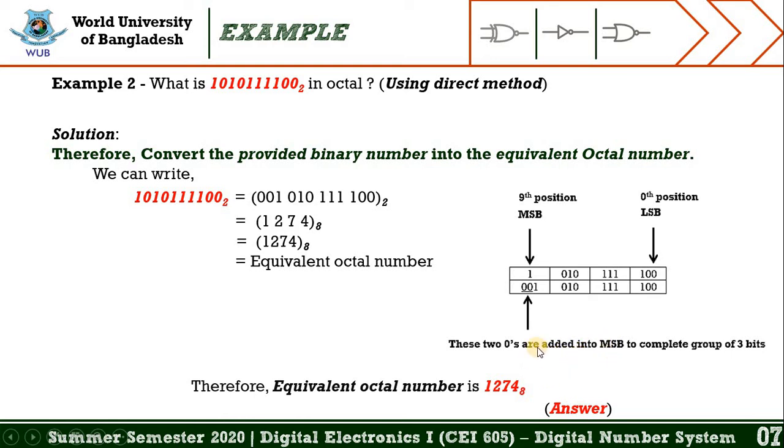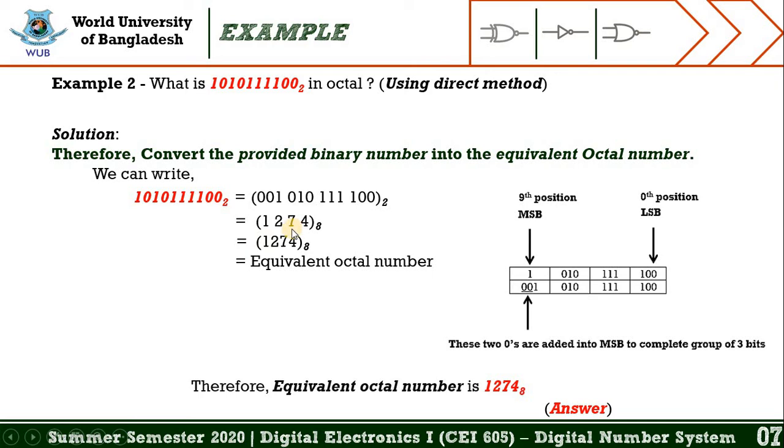We already know from the previous slides, in the conversion table of octal digit value to binary equivalent, that there are 3 bits for octal numbers. That's why we add 2 zeros beside the 9th position of the MSB. So we get 001, 010, 111, 100.